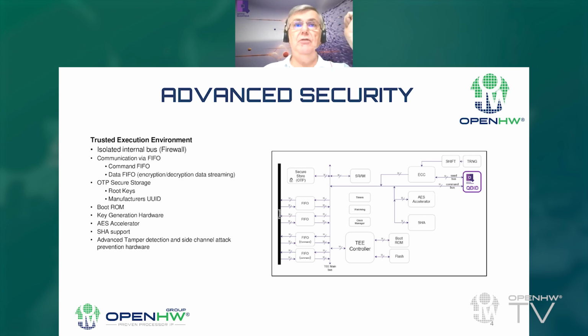And that's what this secure store here is doing. So it can be provisioned with your keys, customer keys, and you can have full control over the security of the device. So we try to make it as flexible as possible. It typically would have a UUID. Most MCUs these days have a UUID to give it an identity number that is different from the identity that comes from the QDID, and I'll talk about that in another slide.